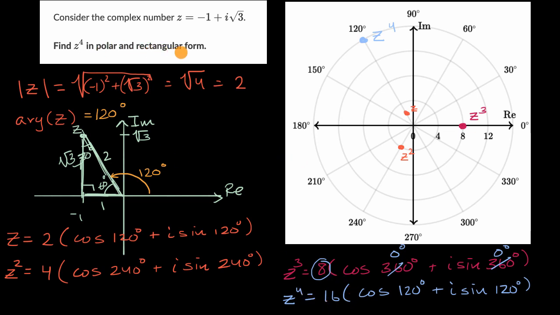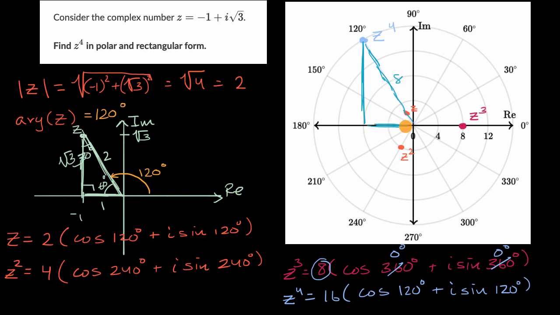Now we just have to think about it in rectangular form. Now, lucky for us, we already know what cosine of 120 degrees is and sine of 120 degrees is. We can construct, if we want, another 30, 60, 90 triangle right over here. So we know that the hypotenuse here has length 8.